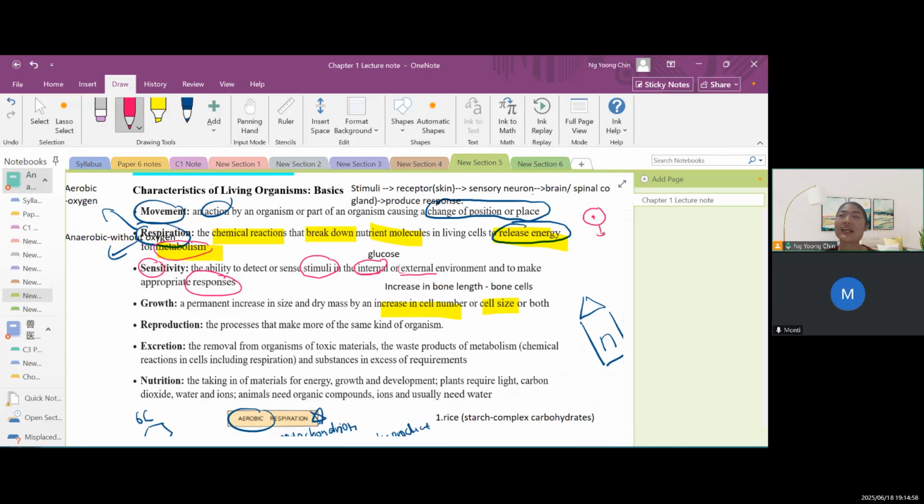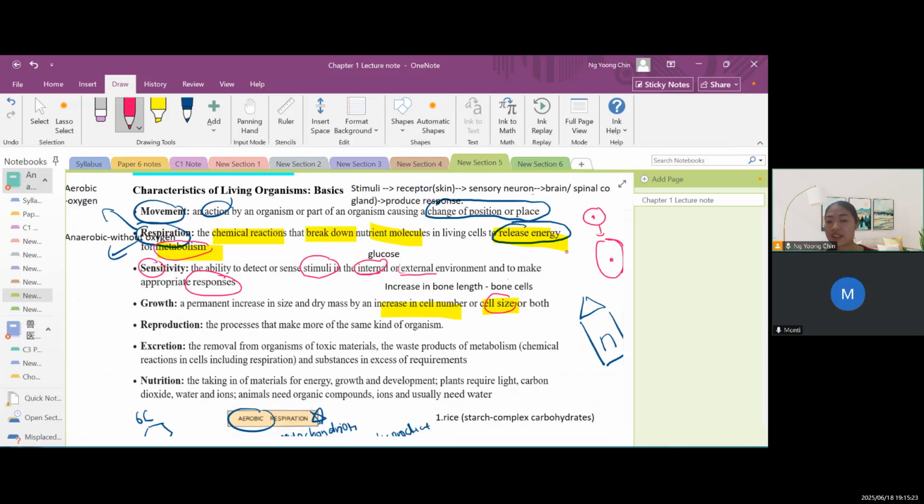Okay, you will be reaching adolescence soon, which is about 17, 18. So your bone cell will increase, becoming like this. What does this mean? Increase in cell size, from a smaller size to a larger size.